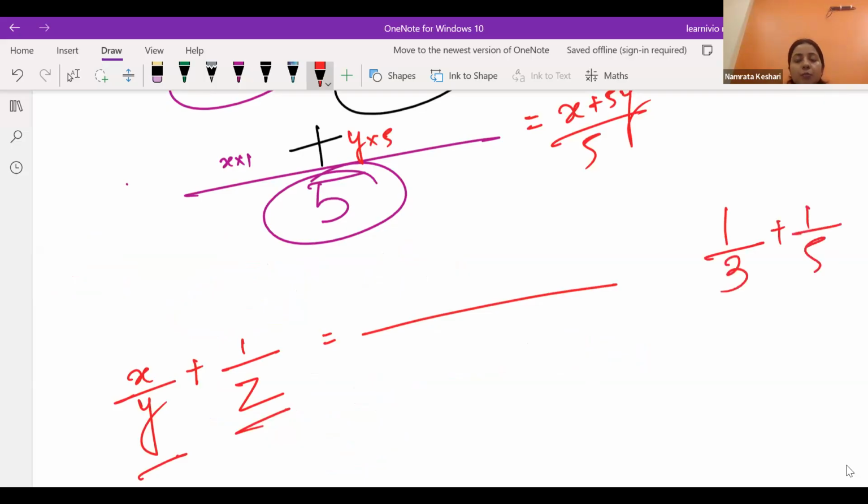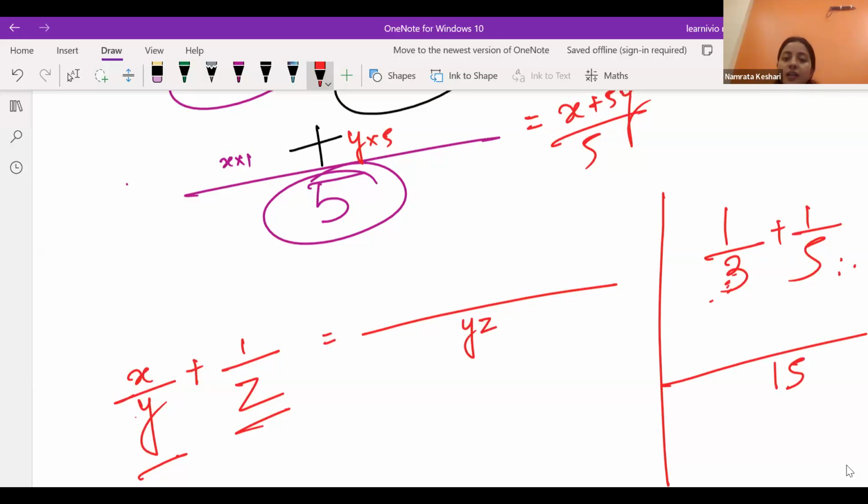If two different numbers you are having, which are completely different from each other, while finding the LCM, you do the multiplication, right? Yes, ma'am. Here also this y and z are completely different from each other. These two are completely different alphabets. Okay. So LCM will be YZ. Clear?